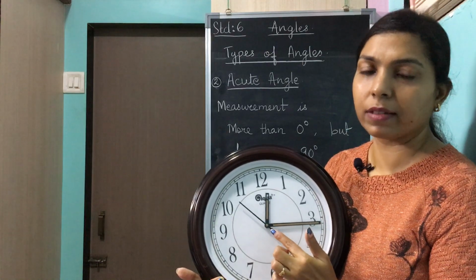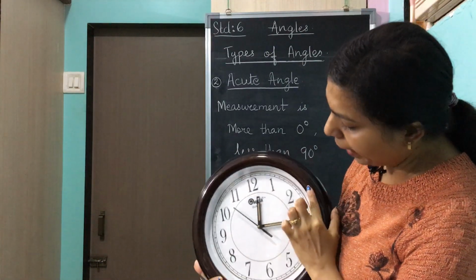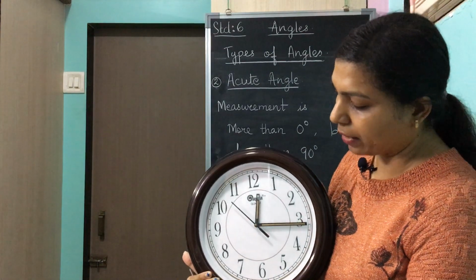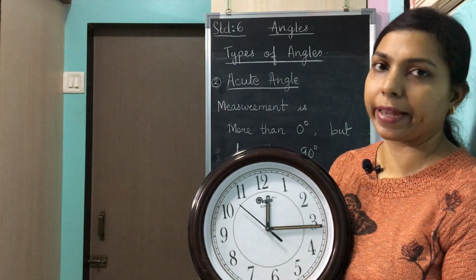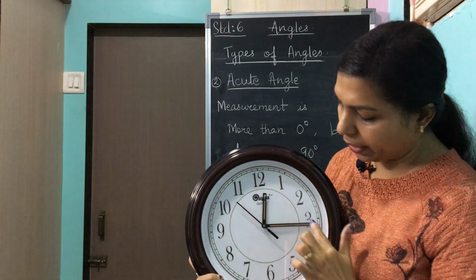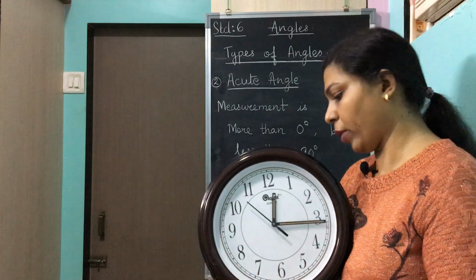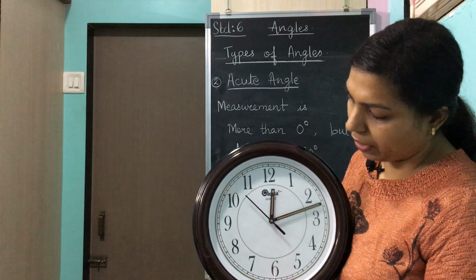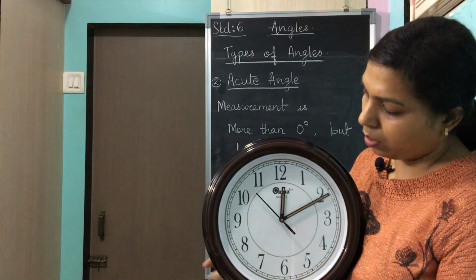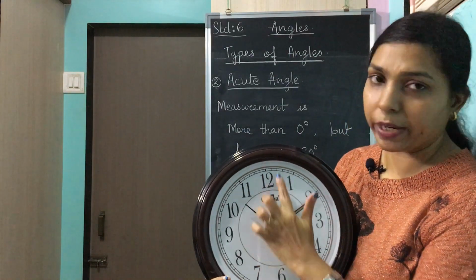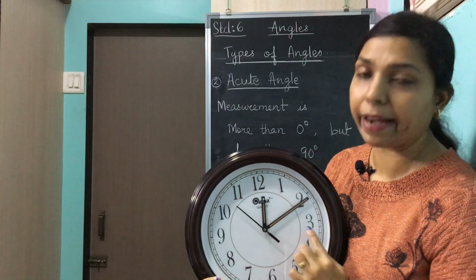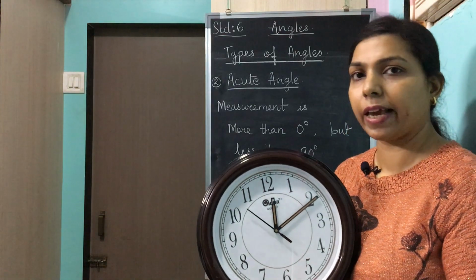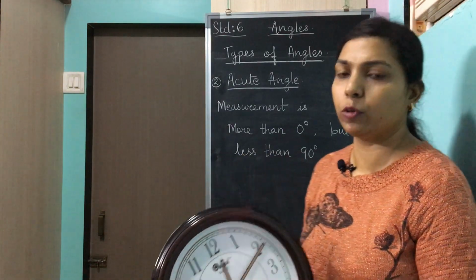So in this case, there is a right angle which is formed, but when the measurement of the angle is between 0 degrees and 90 degrees, more than 0 but less than 90, somewhere like over here, it is more than 0 degrees but it is less than 90 degrees. So in this case it is called an acute angle.